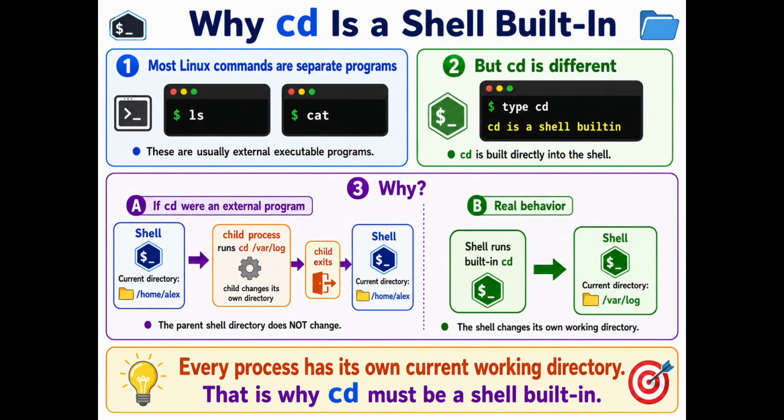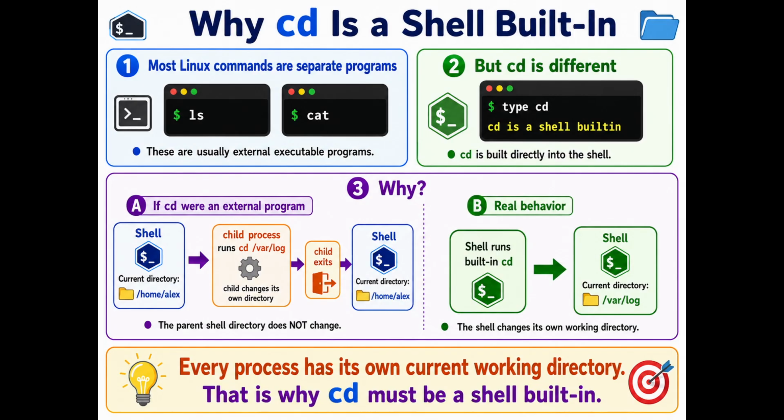For example, commands such as ls and cat are usually executable files stored somewhere in the file system. But cd is different. It is normally built directly into the shell. In Bash, you can check this with type cd. The shell may respond: cd is a shell builtin.